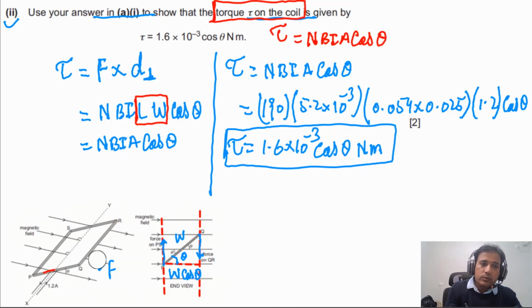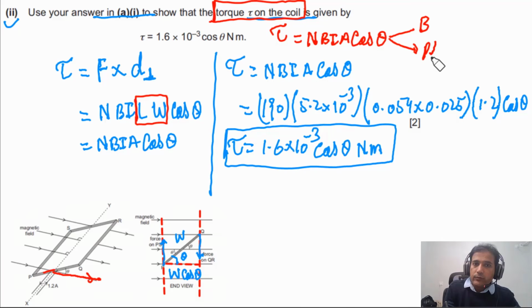So let me show you what theta is in this case. Theta is the angle between the magnetic field and the plane of the coil. This is the plane of the coil, so this is the angle between B and the plane of the coil. So you can simply plug in values and find the answer.